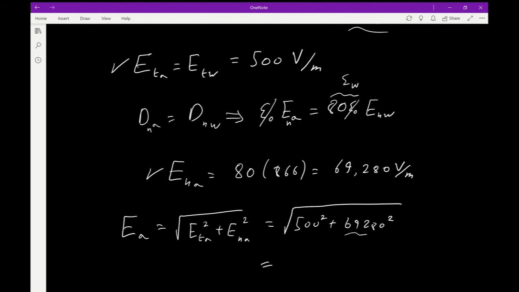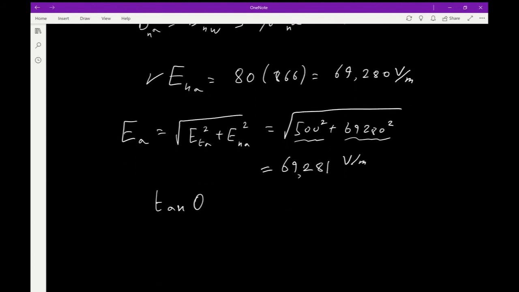This is clearly a huge number plus a smaller number, so whatever number we get is going to be close to 69,000. It turns out to be slightly larger than 69,000, because although 500 is small compared to 69,000, it's not zero. All right, so the result is 69,281 volts per meter.